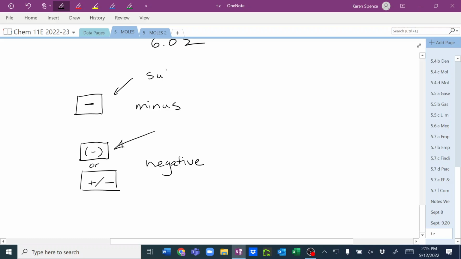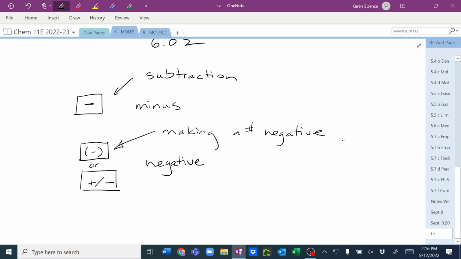So this one is for subtraction. This is for making a number negative. Every once in a while, it'll do the right thing for you regardless. So it's a little confusing, but if you want to always be correct, that's the way to use it. And if you cannot find that button on your calculator, let me know.